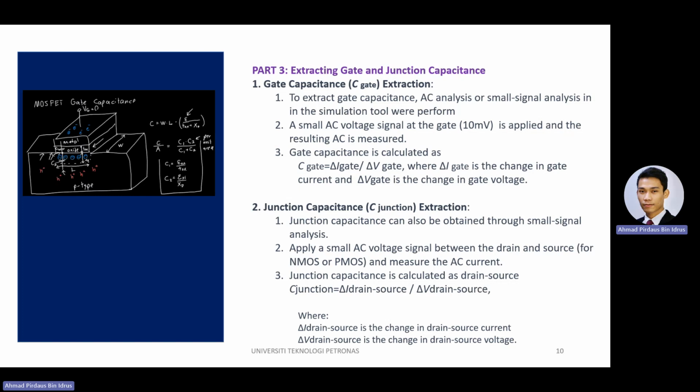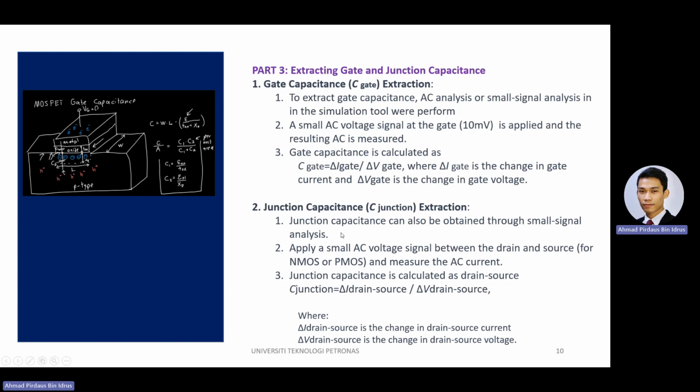So we have applied about 10 millivolt, and the gate capacitance can be calculated with this formula. And then we've come to the junction capacitance extraction.